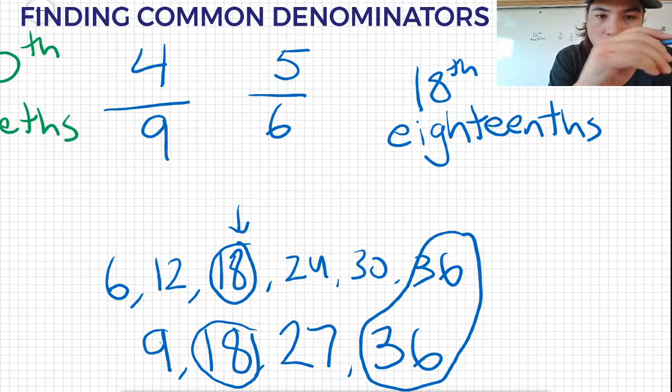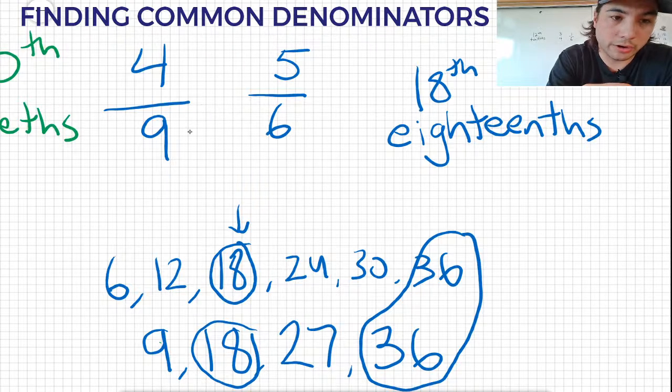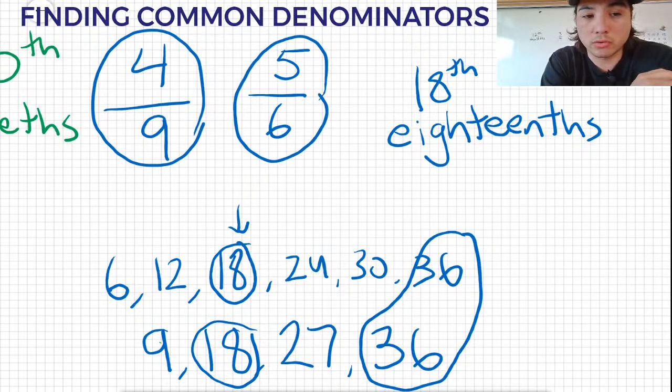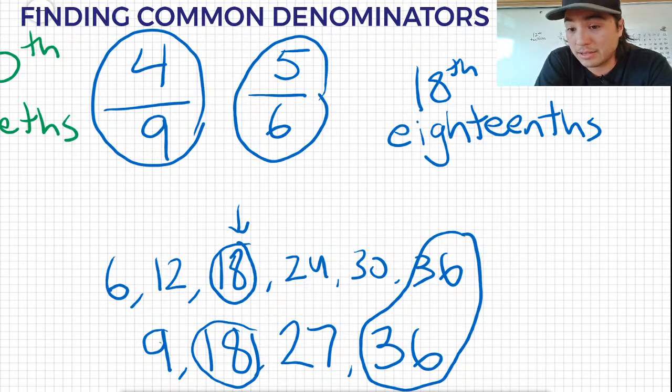Once we get into converting 4/9 into a group of 1/18ths, and then converting 5/6 into a group of 1/18ths, that's going to be a little bit smaller numbers than converting it into 36ths. And often, if you convert it into 36ths, then you'll have to simplify it back later. So it's an extra step that we can avoid if we use the least common multiple, the common multiple with the least value.